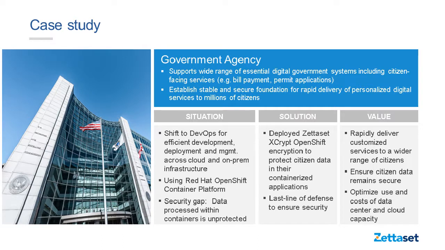And if you're going to be able to truly embrace the benefits of the DevOps, which Kubernetes and OpenShift give you, you got to be able to store that data and encrypt it. And this was a protection we were able to provide, and you can see the benefit, which then ultimately led to further expansion of OpenShift in this environment.